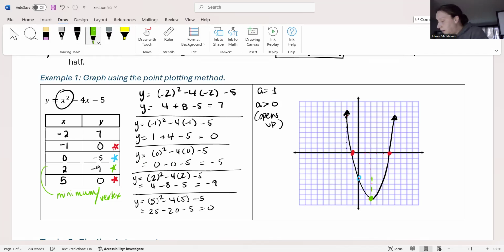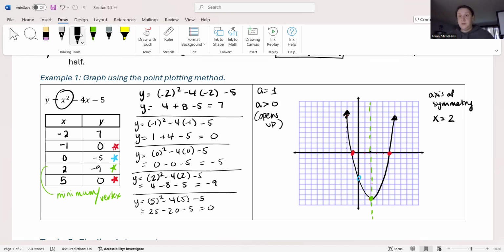If we look right here, we have this vertical line right through the center of this parabola. This vertical line is the axis of symmetry. So the axis of symmetry is the vertical line through the center of the graph. So vertical lines are always of the form x equals. So the axis of symmetry here is x equals 2.